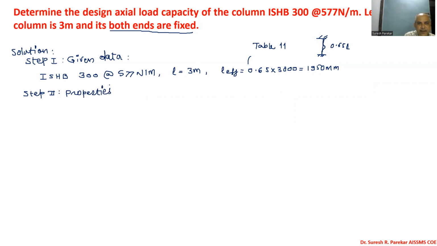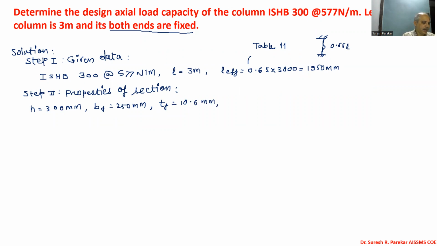Now we will go to properties of this section, step 2. Properties of section. So we have depth, that is H, we have 300 millimeters. BF, we have 250 millimeters. TF, 10.6 millimeters.